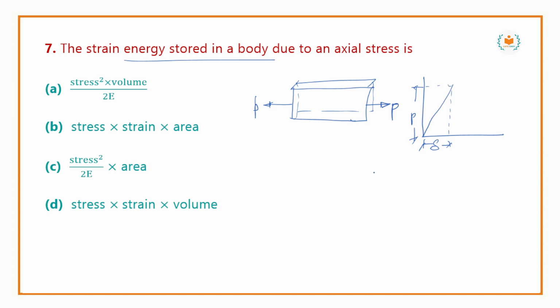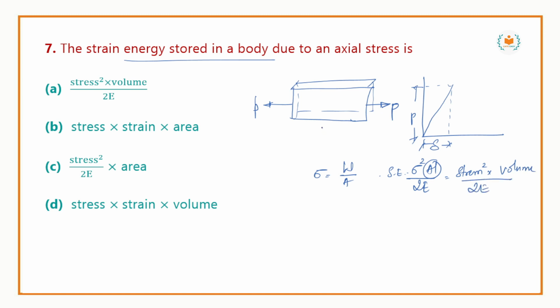Therefore, with the equation we just derived, stress is equal to the load divided by the cross sectional area, and strain energy in this case will be sigma square into AL divided by 2E. The sigma square is the stress square, and A into L we write as the volume, divided by 2 times the Young's modulus.